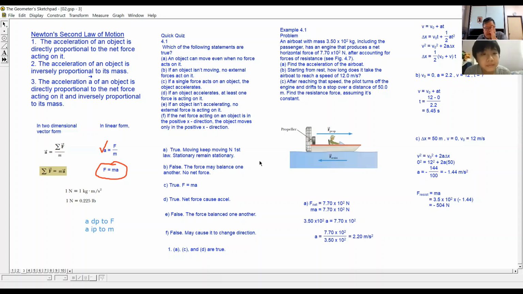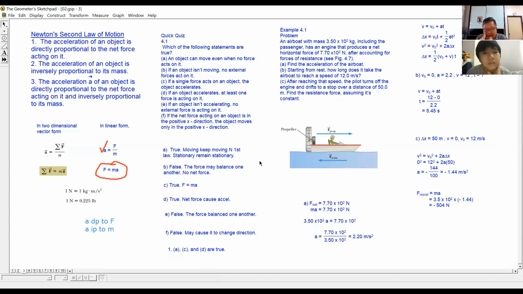Let's say the object is moving straight, right? And a force, if it comes from behind, then it will continue to move straight. But if the force is coming from the side, bang against the object, right? Then the object will turn, but it will not turn 90 degrees, it will turn slightly like that. So it will not move in the direction of the force.